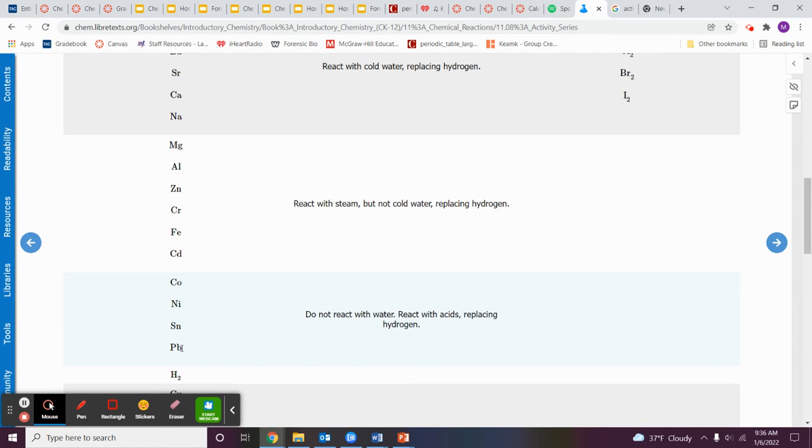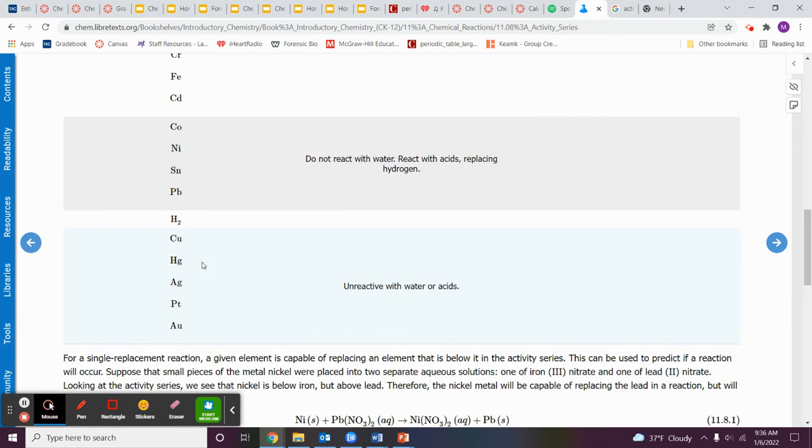And you'll know that it can replace it because if you have an element that is higher on the list than the one it's trying to replace, it can go ahead and do that. So only your more reactive metals can replace your lesser reactive ones. So in this case, anything below hydrogen, copper, mercury, silver, platinum, gold, none of these can replace hydrogen because they're all below it.